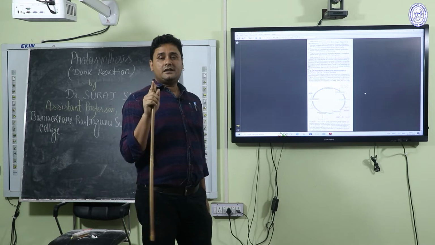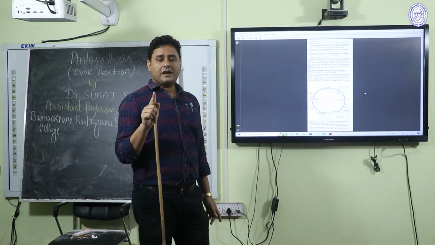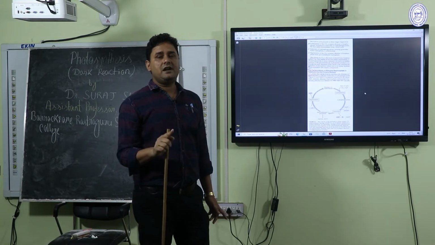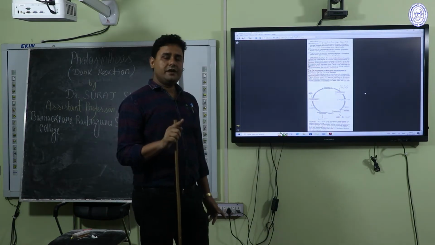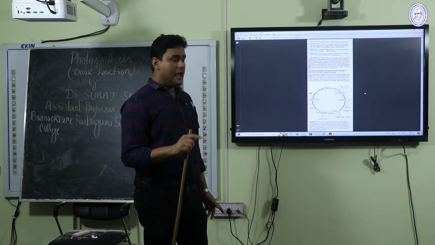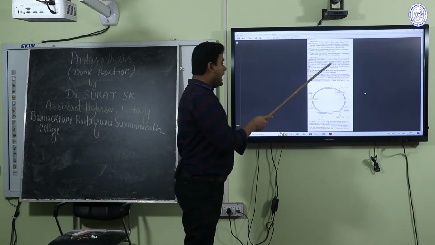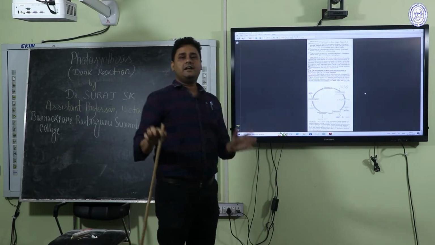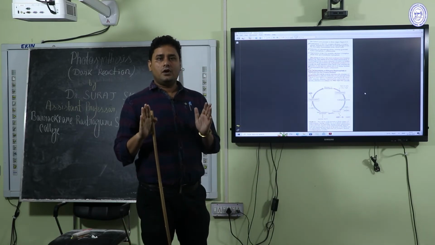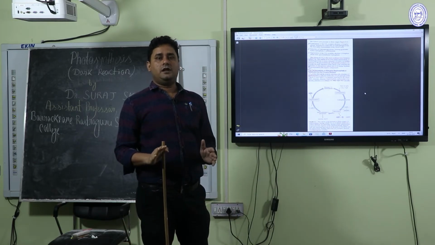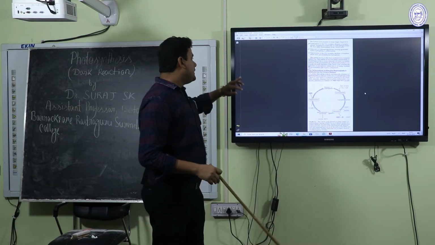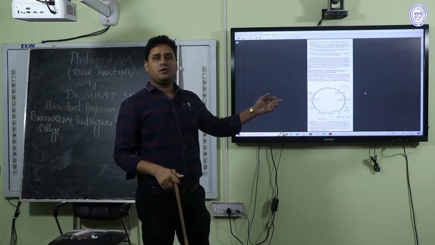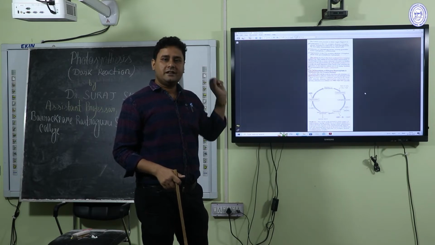This 3-phosphoglycerate is the first intermediate stable product during the Calvin cycle, and this 3-phosphoglycerate is a 3-carbon compound. That's why this Calvin cycle is also called the C3 cycle.